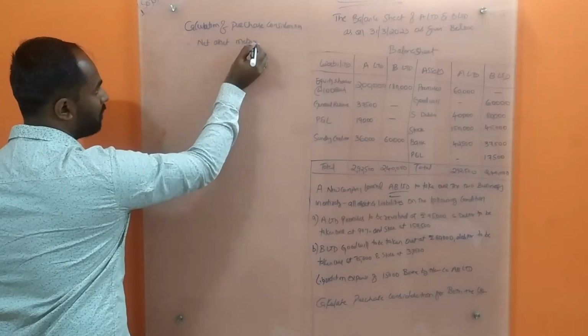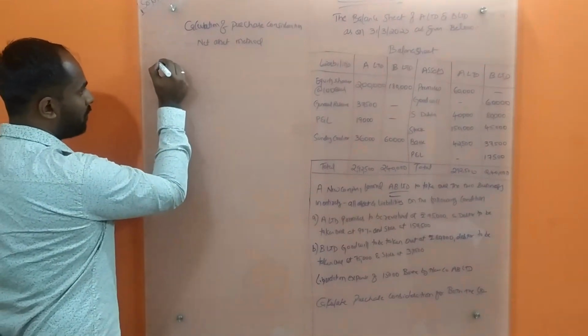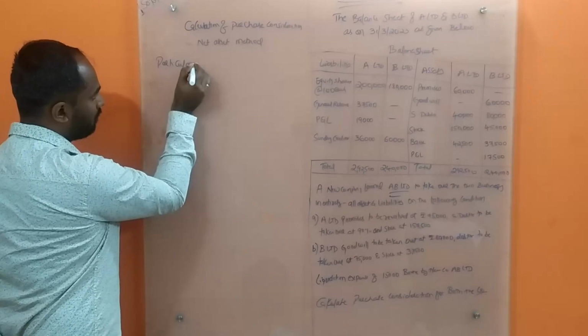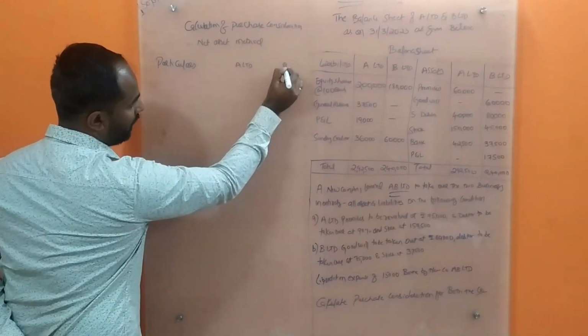This is a very simple problem, so you can easily understand it. Here I'll put all the particulars: A Limited, B Limited.